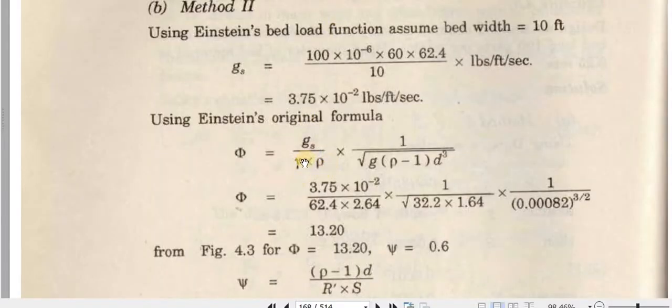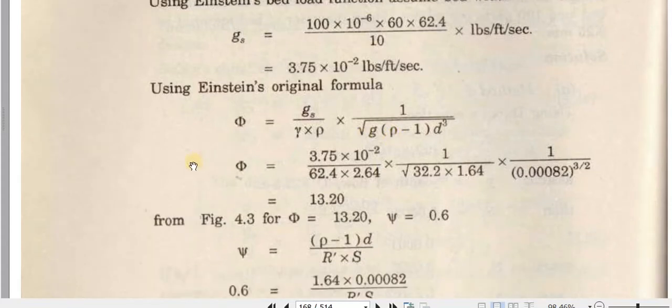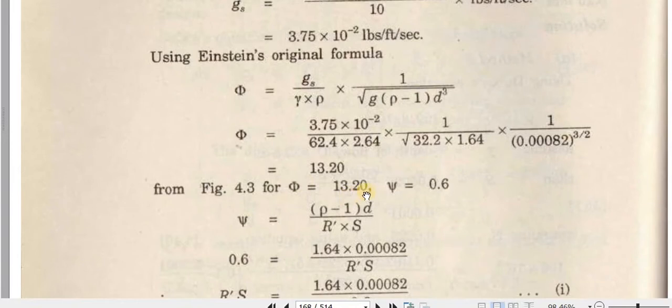GS over gamma into rho is equal to QS into this one. So you can see this value is equal to 2.4. This rho is the specific gravity of sediment, 2.4. You will find the function 1 is equal to 13.20.